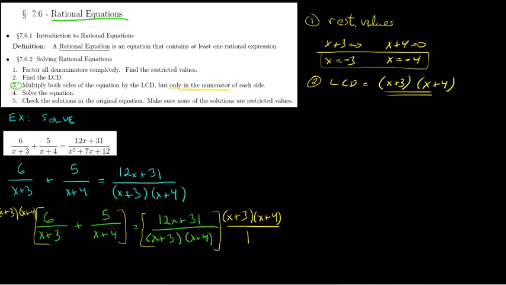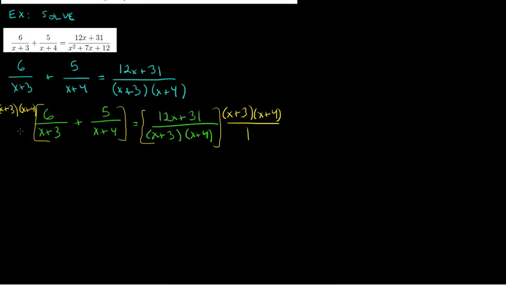right? So what do we do with that? Oh, yeah, this is over 1, right? Not top and bottom, but left and right. So now we're just going to multiply all this out. So we multiply 6 times x plus 3 times x plus 4 all over 1 times x plus 3.